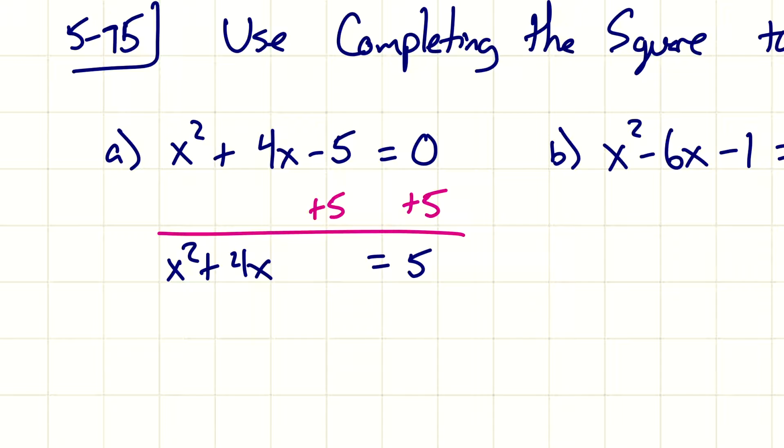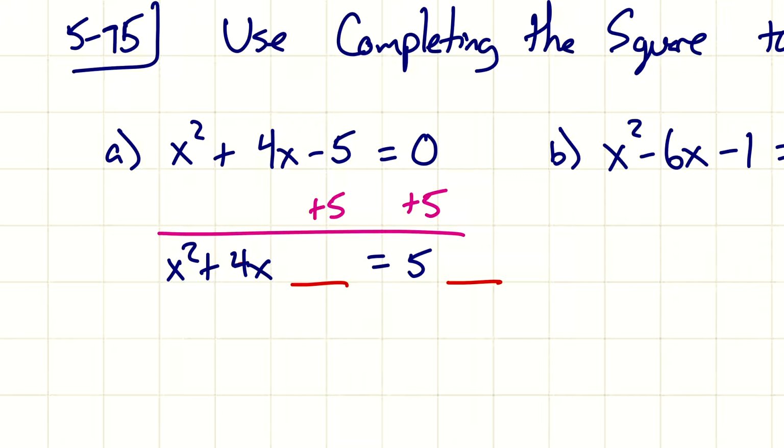Now, this is the part that's going to be a little bit tricky for some, and that is what is the magic number I need to add? Now, with a picture, it was a lot easier. I'm going to go over that more in the next lesson, but I'm just going to tell it to you now. This magic number comes from this 4.